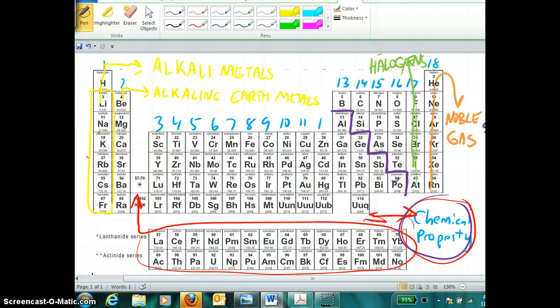Now, other general references, since everything to the left of this line is in fact a metal, these guys right here that are sort of in transition between groups 2 and 13 are often referred to as the transition metals.